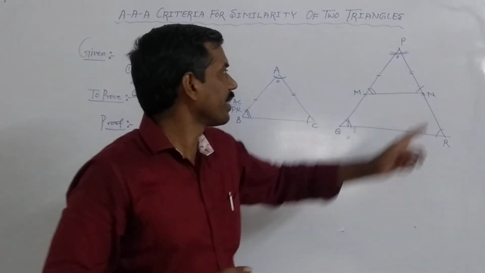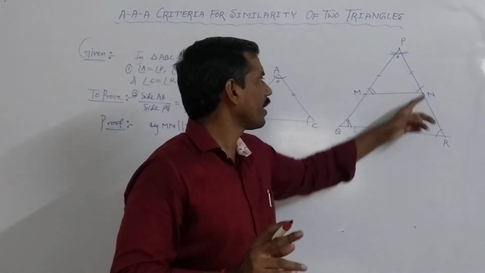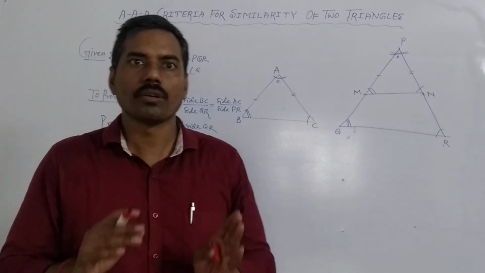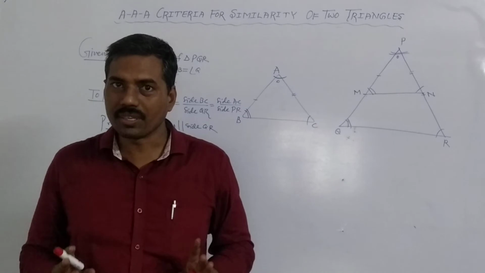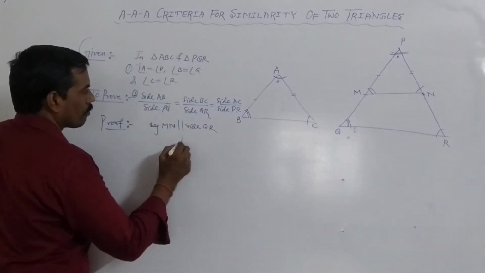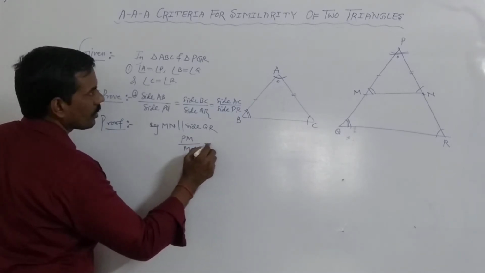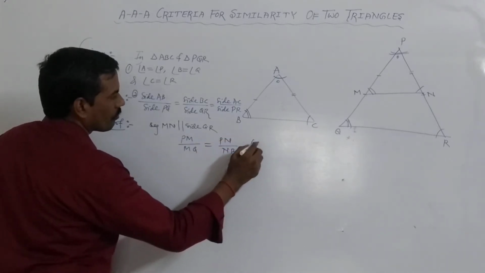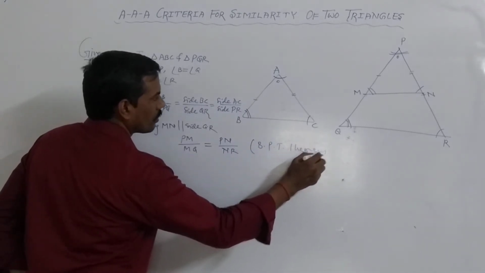Now, since in triangle PQR line segment MN is parallel to the third side QR, we can use BPT, the basic proportionality theorem.